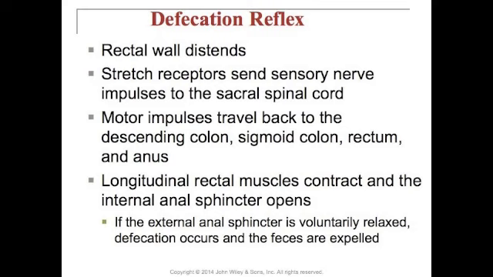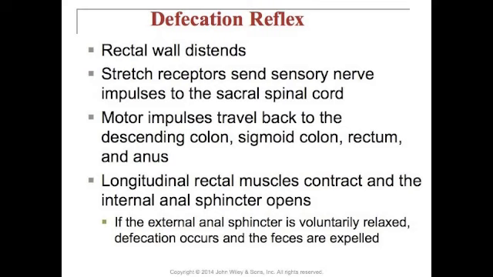The defecation reflex occurs as follows. In response to distension of the rectal wall, the receptors send sensory nerve impulses to the sacral spinal cord. Motor impulses from the cord travel along the parasympathetic nerves back to the descending colon, sigmoid colon, rectum, and anus. The resulting contraction of the longitudinal rectal muscles shortens the rectum, thereby increasing the pressure within it.